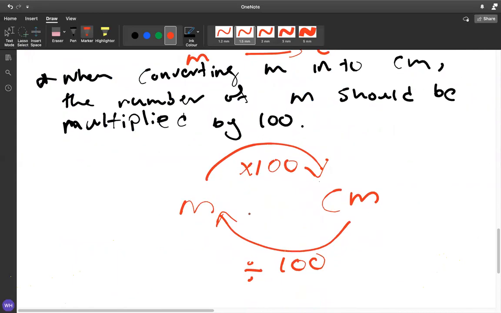So when you are writing number of meters in centimeters, you have to multiply the number of meters by 100. Then you get the number of centimeters.